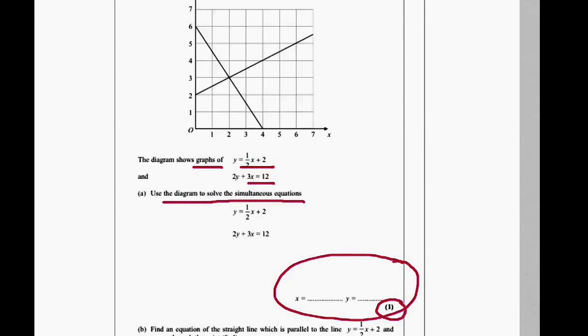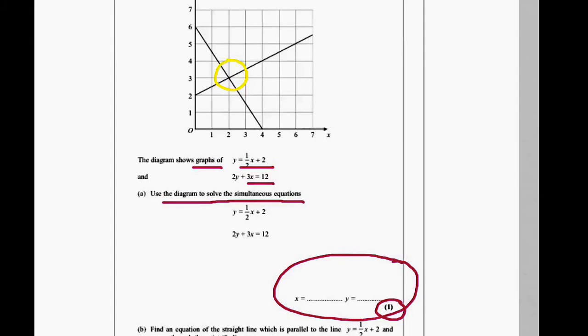Now, I think it's quite straightforward that there is one point on this diagram that is important. And the one point is the place that those two graphs cross. If they want an x value and a y value, I'm going to take it from that point.